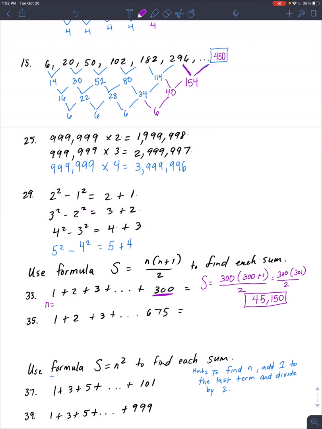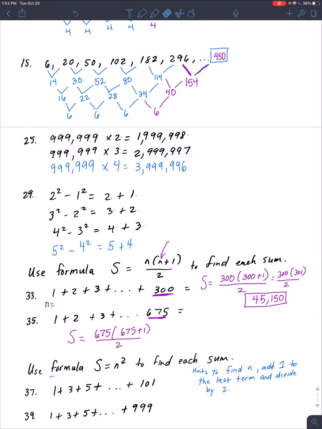Okay, so we have our next one. S is equal to n. This time n is 675. So we're going to say, using the formula, 675 times 675 plus 1 divided by 2.